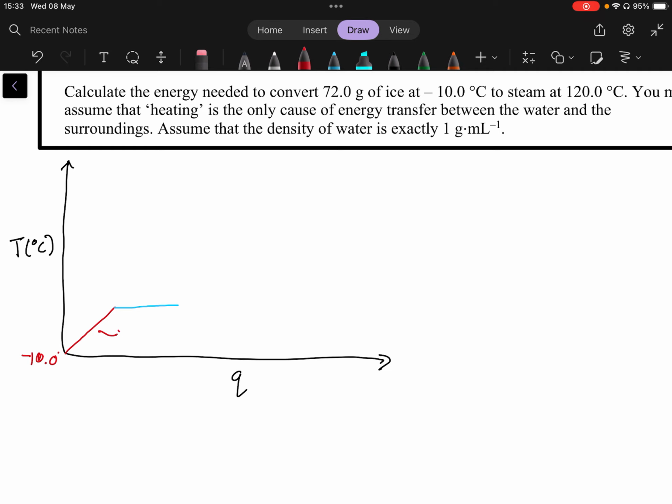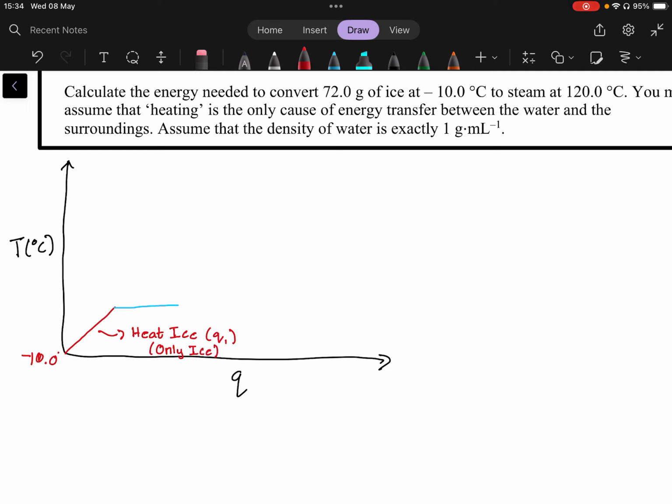So our first process is just where we heat the ice. And that heating process is going to require a certain amount of energy, so heat. Let's call it Q1. And importantly, we know we only have ice in this situation.